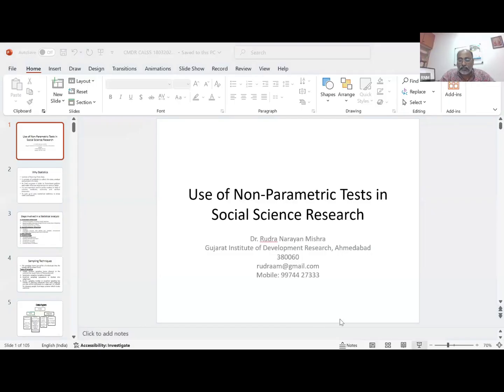So today, since I got the feedback from our coordinators that much of statistics has been done, this class I was planning for non-parametric tests. Yesterday, as I was telling you, in any paper you take, you will find that the general analysis is mostly in parametric terms. Parametric means when you assume the normal distribution.